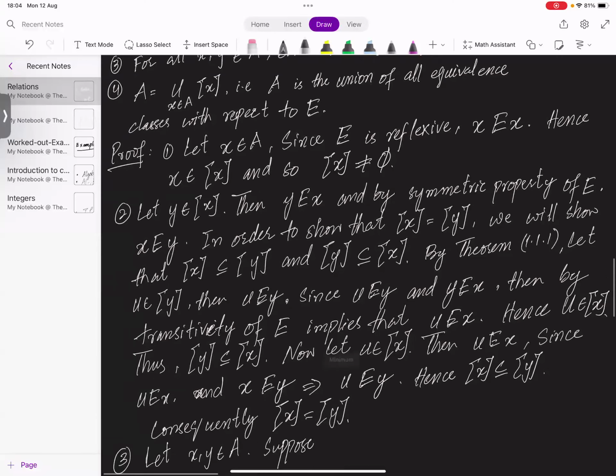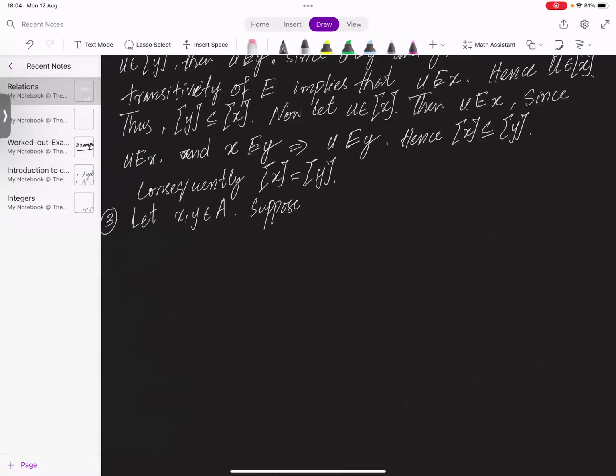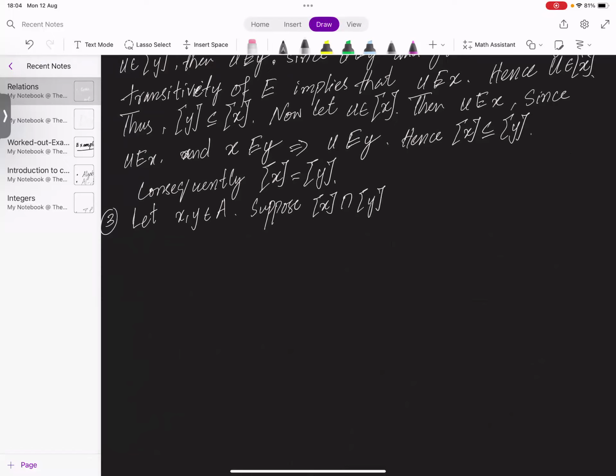We prove that by considering two elements inside A, and we suppose that the intersection between their equivalence classes is not phi.